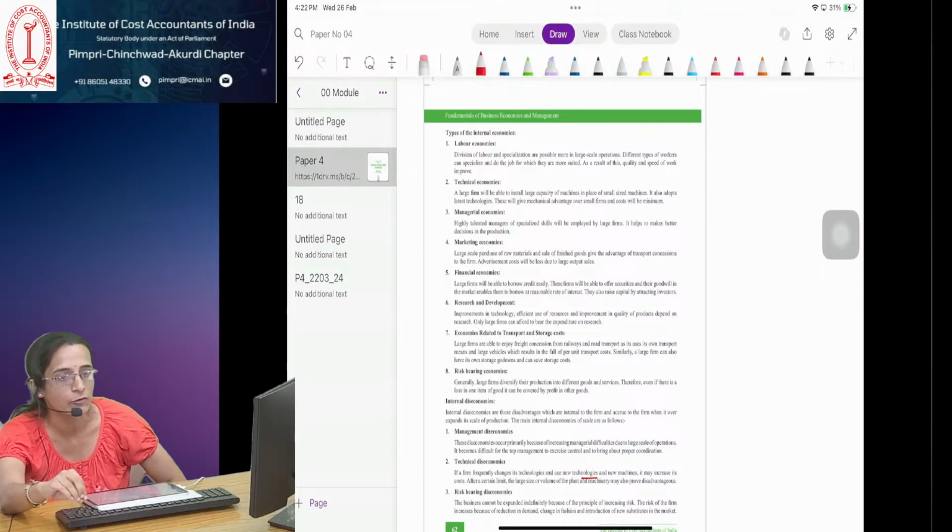Like if they are producing vehicles, some laborers will do repair and maintenance, some will do painting of the vehicle, some will be responsible for putting the material into the machinery. So there will be two to three different types of work.